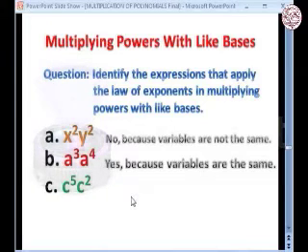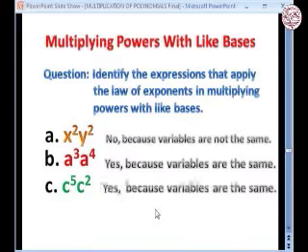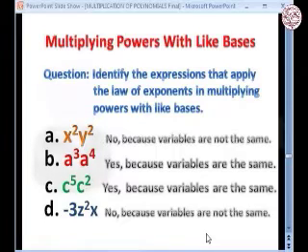Can we apply the law of exponent here? Yes. The answer is yes, because the variables are still the same. And letter D, negative 3z squared x, can we apply it? The answer is no, because the variables are not the same.